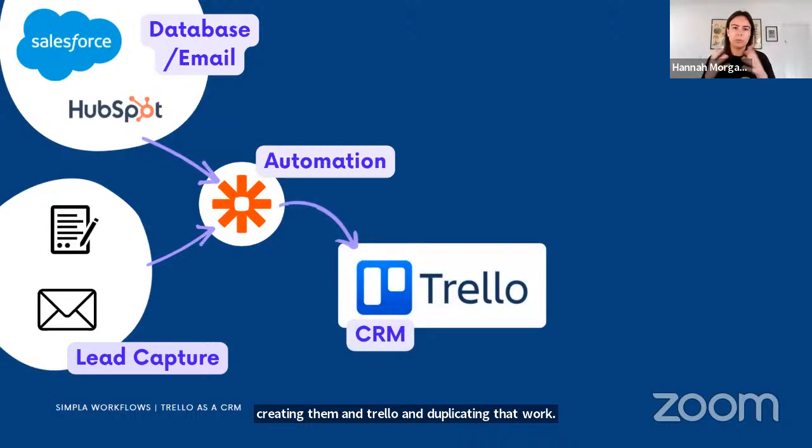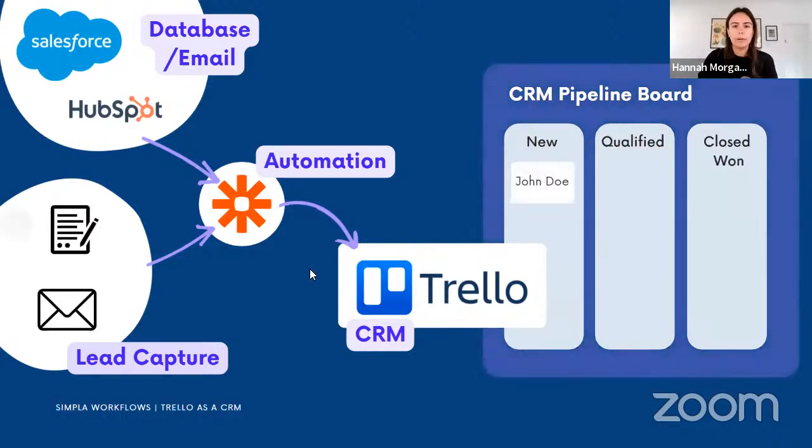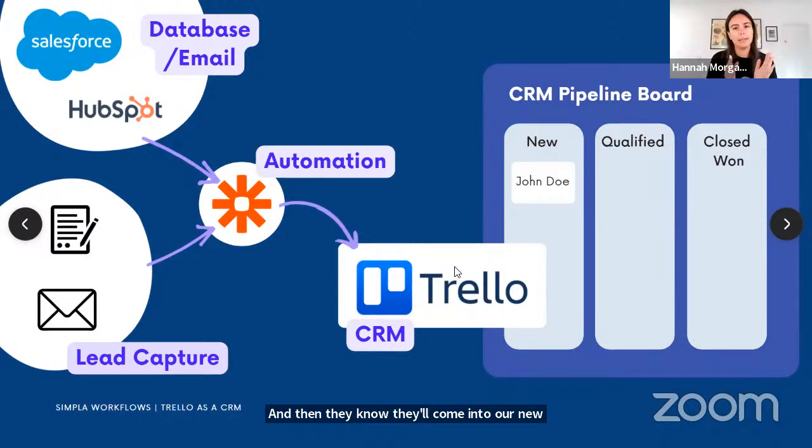So we've got a Trello board that's already set up containing all of these new leads that are coming in. They'll come into our new leads list here in our Trello board. And we've got all these different columns that we're working on, and we can then move that new contact from the new stage all the way through to closed won, ideally.